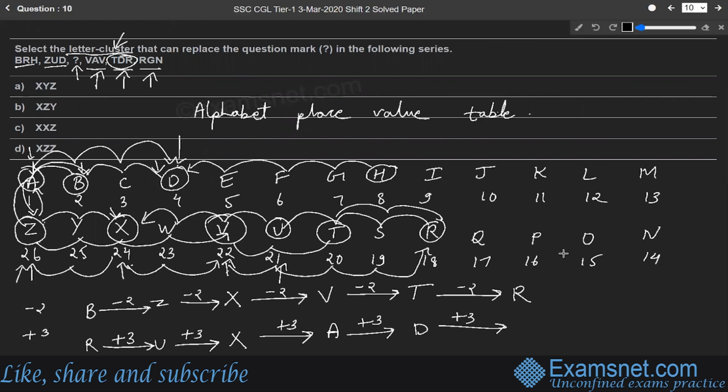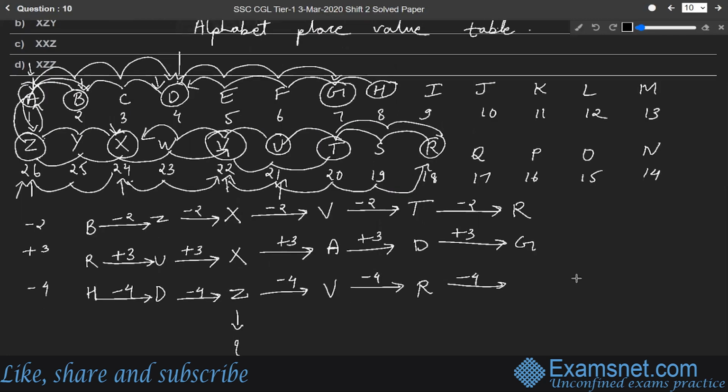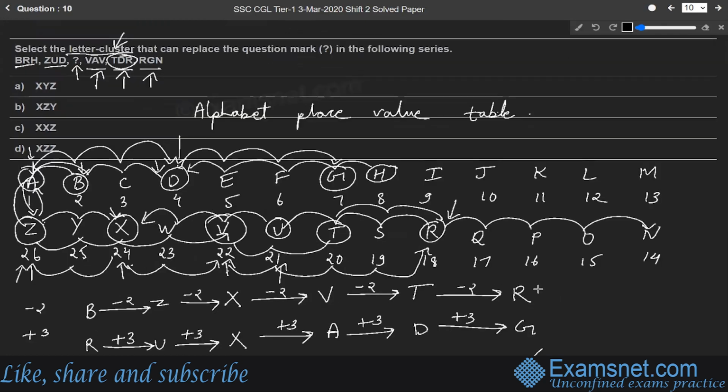So D is here. So 1, 2 and 3. D plus 3 gives G. Then next is R minus 4. R is present here. Minus means we have to go in the reverse order, right? So R minus 4 will be 1, 2, 3 and 4. So it gives N. So the next letter cluster is RGN. Let us check it. Yes, it is RGN.